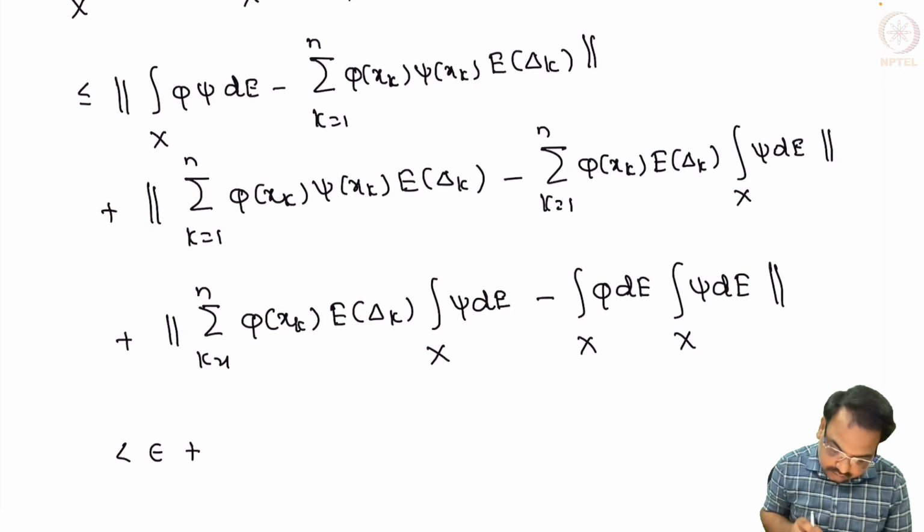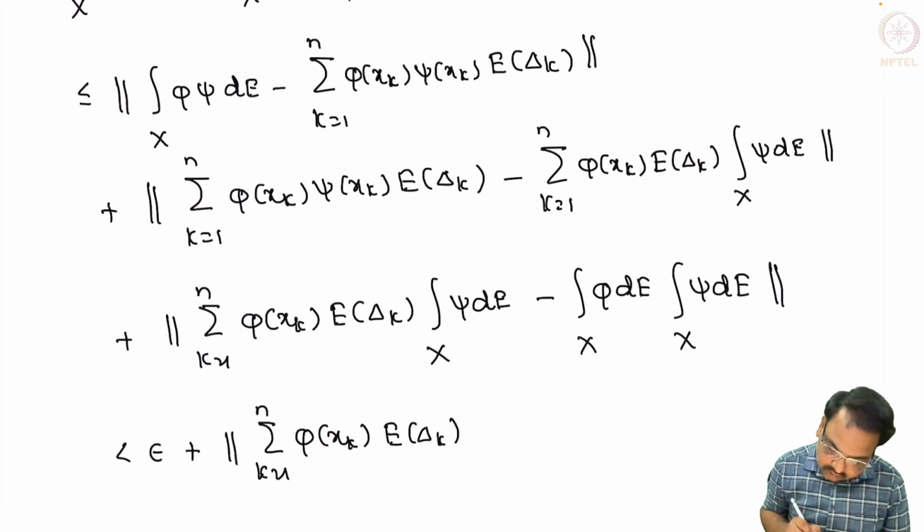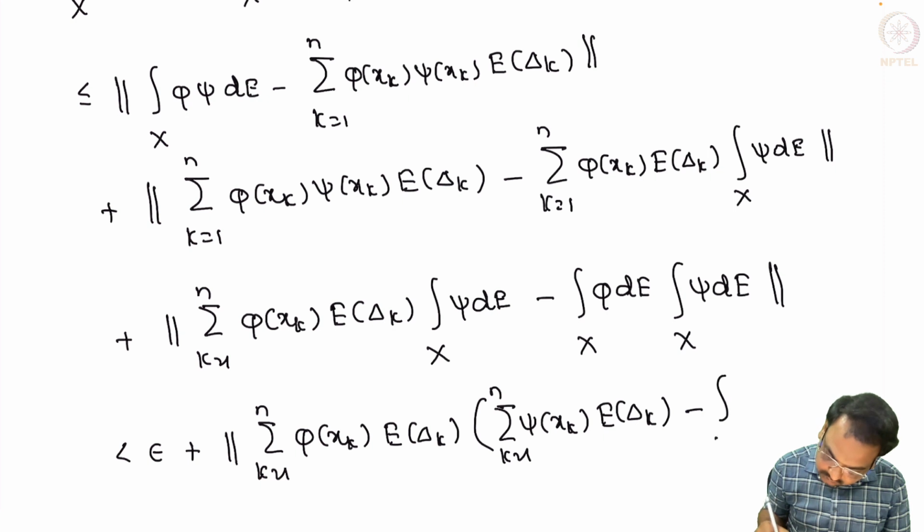And the second term, we can actually show that if you take summation k equal to 1 to n phi(xk) E(Δk) times summation k equal to 1 to n psi(xk) E(Δk) minus the integral over X of psi dE.